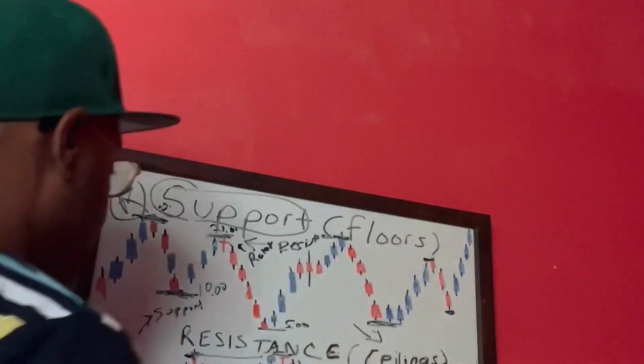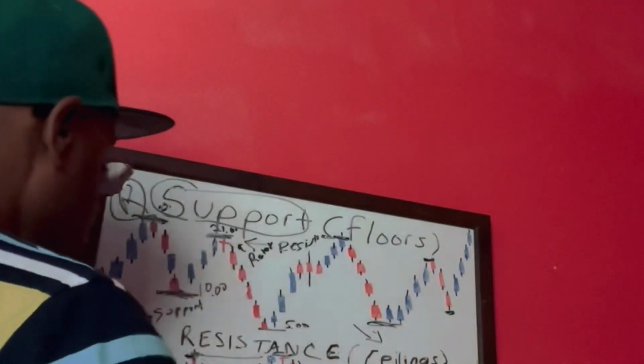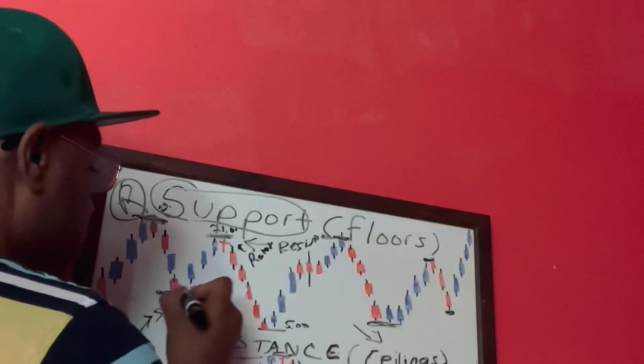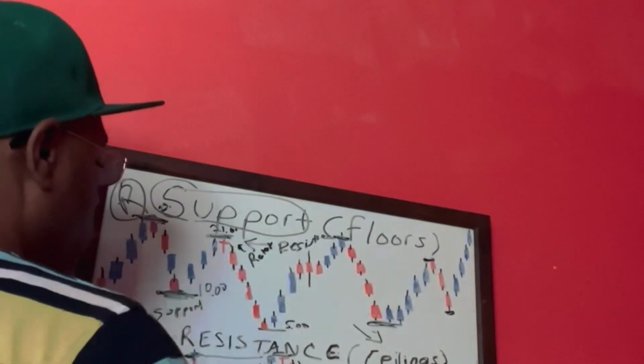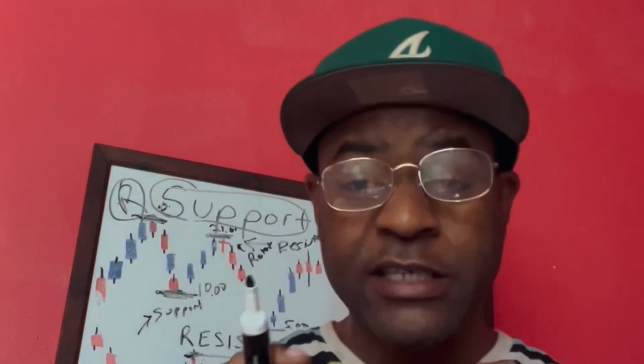You know what I mean? Likewise, once it hit the support, it went up. So remember, we use previous price points in order to predict what's about to happen in the future. That's basically called technical analysis, and the way you read technical analysis is through looking at price action.